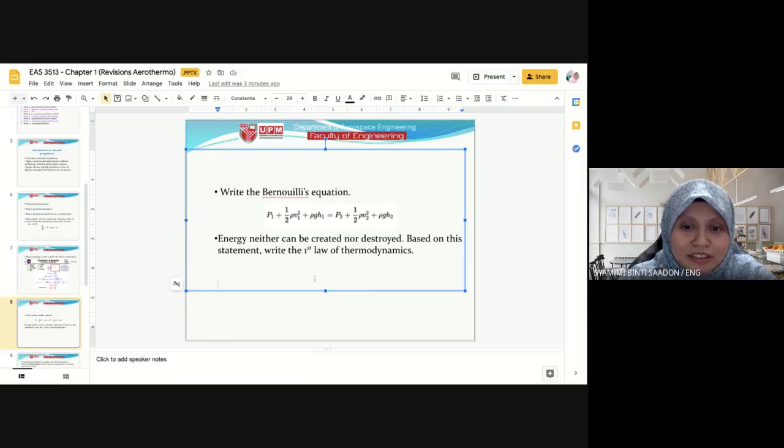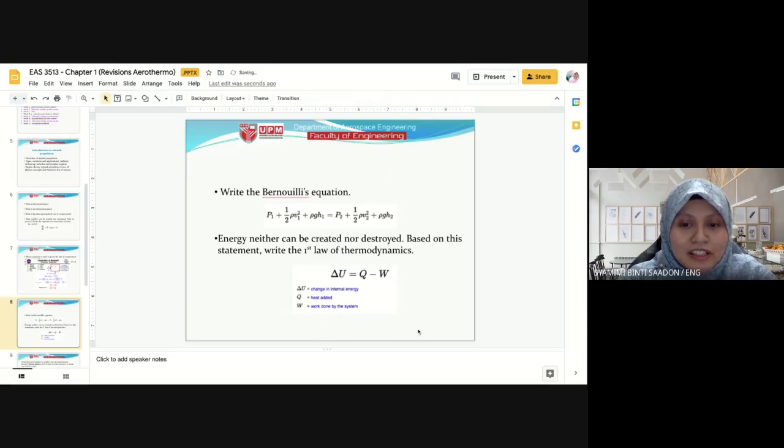So the equation: the change in internal energy, which depends on pressure, temperature, and volume, the change in pressure and temperature, that is delta U, equals Q minus W, the heat added minus the work done by the system. So that is the conservation law, the first law of thermodynamics.